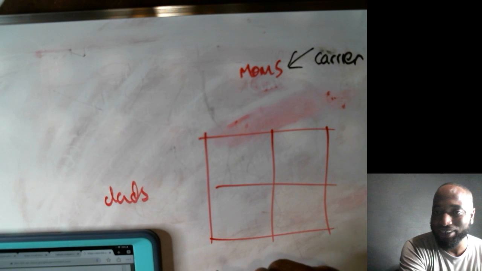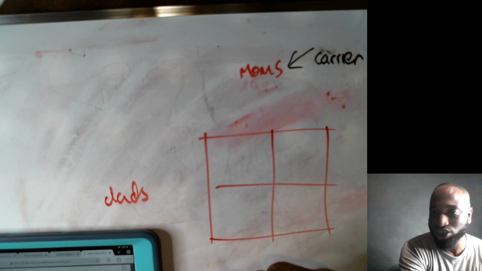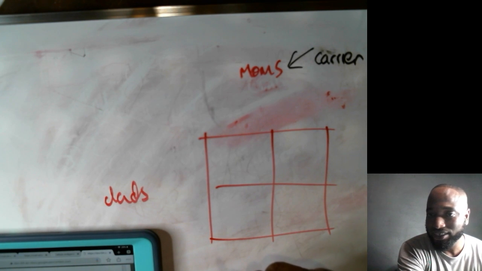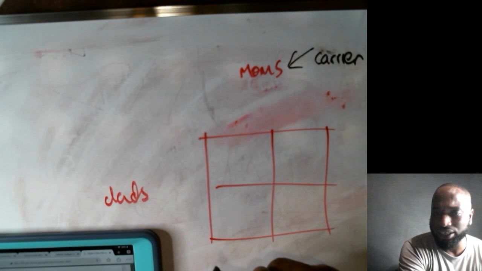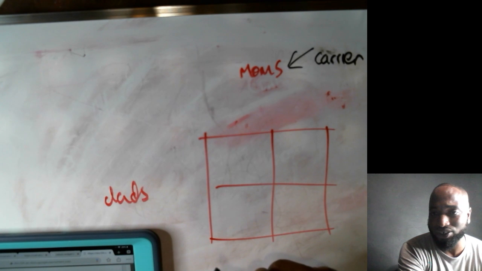Also, you need to put statements. She has the trait because her father has it. You need to put statements in this. I don't know how you write it in biology. Yes, sir. Labels as well.